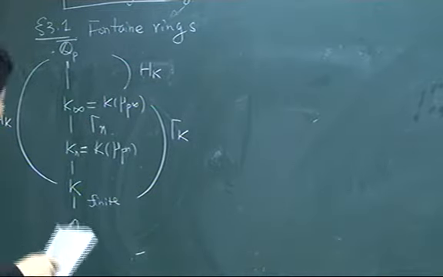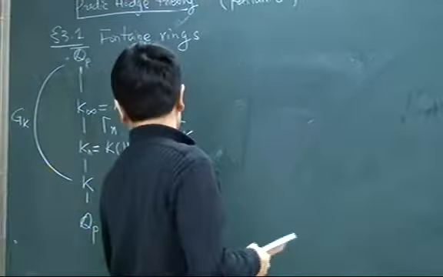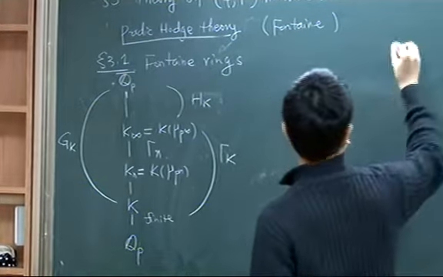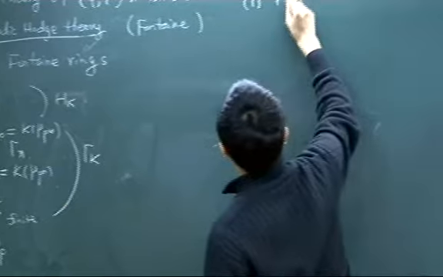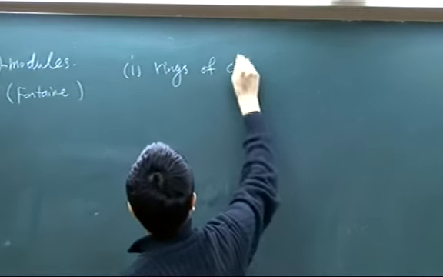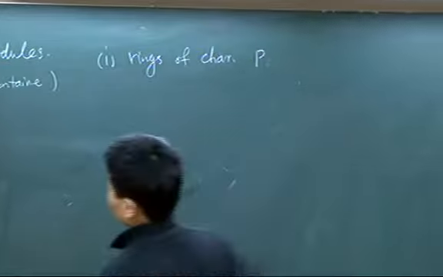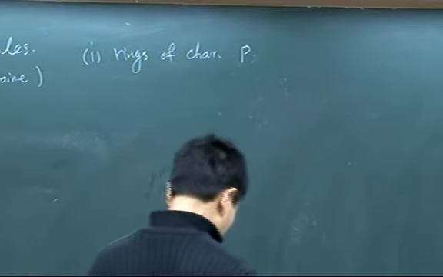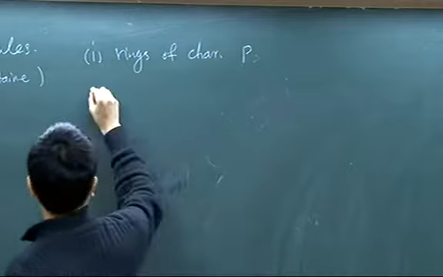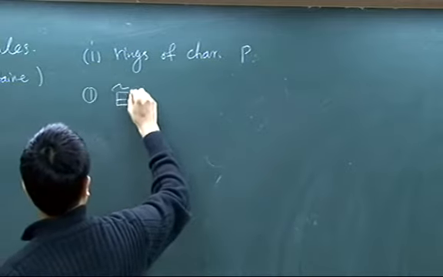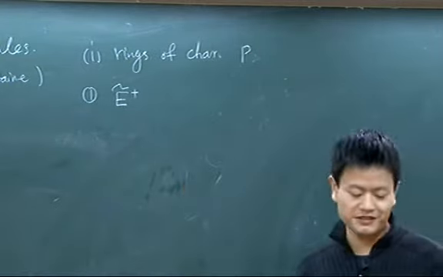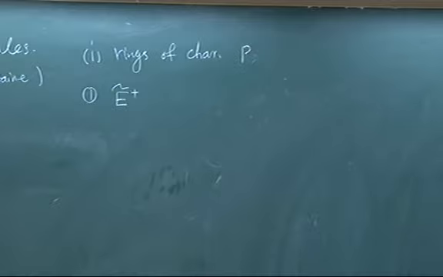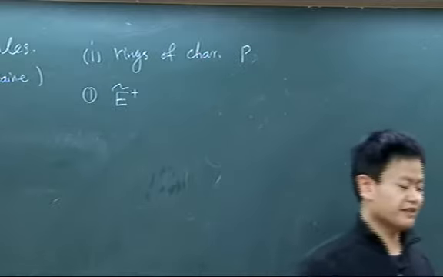So first is this picture, but then what we study are the Fontaine rings. There are many kinds of Fontaine rings. First is a series of rings of characteristic p, where p is the same p. The first thing we want is the so-called E tilde plus. In the literature there are two sets of notations. Colmez uses this kind of notation because he wants a unified structure.